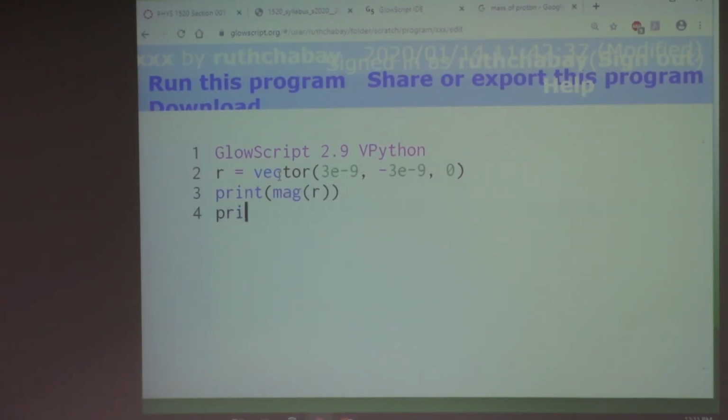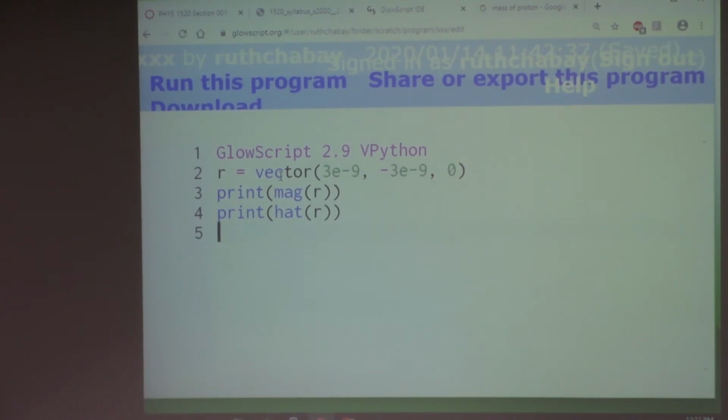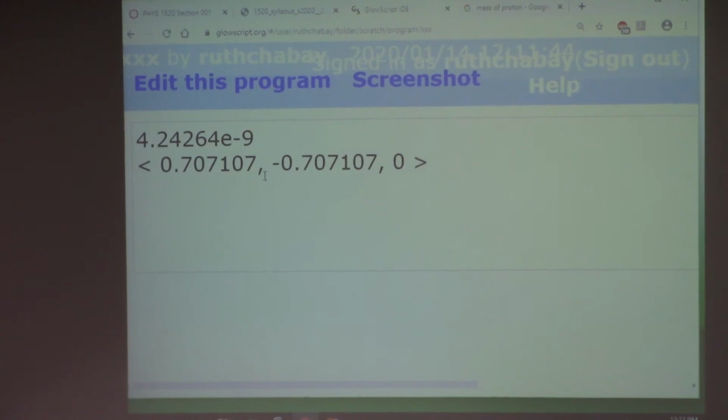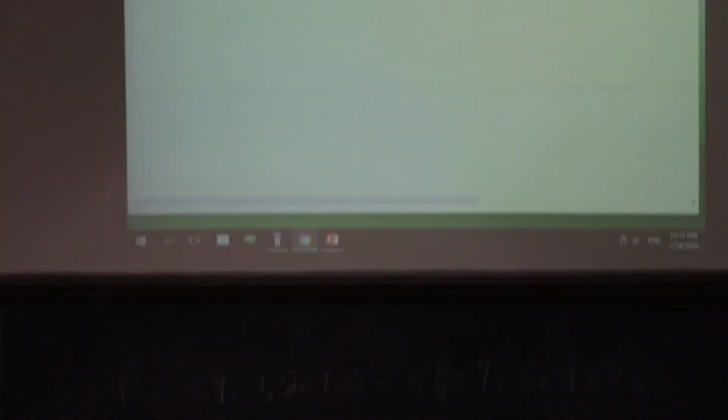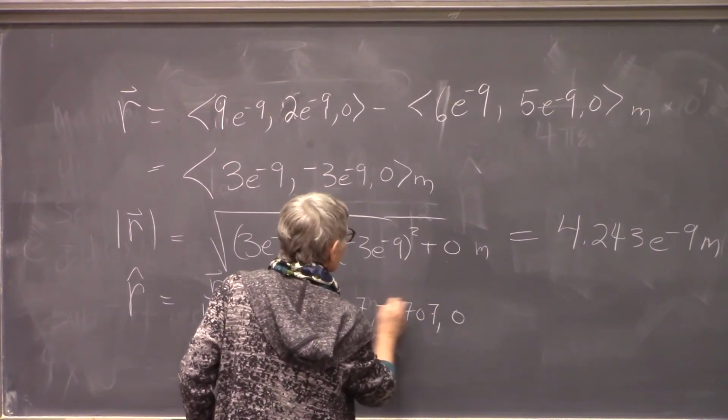If we print the magnitude of R, okay, so the magnitude of R is 4.243 times 10 to the minus 9 meters, and R hat, which is R over the magnitude of R, is, that's negative.